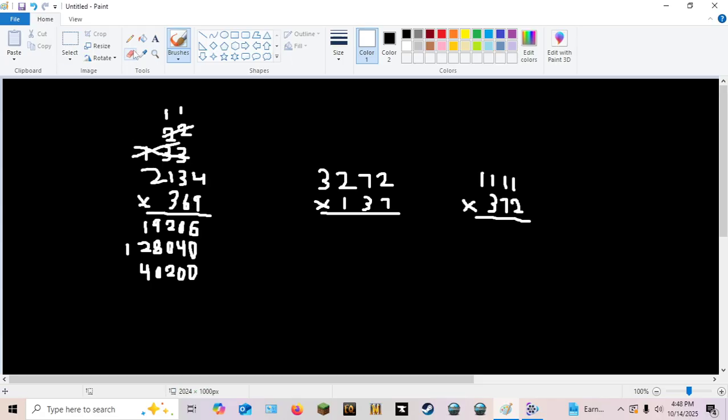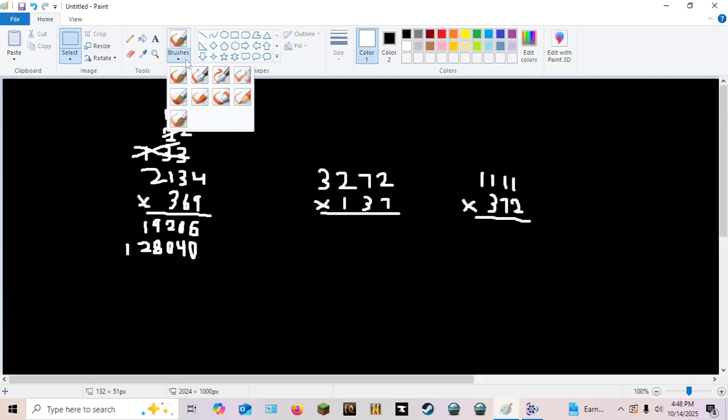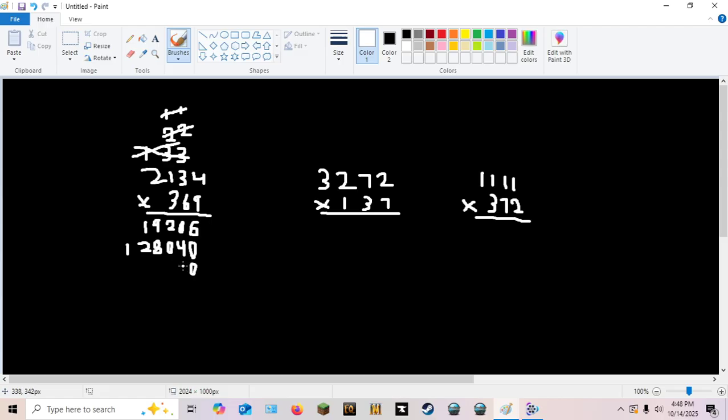Hold on. That looks a little messy for a little bit. Okay. I'm just gonna process. So what I'm gonna do is do these, okay? 3 times 4 is 12.